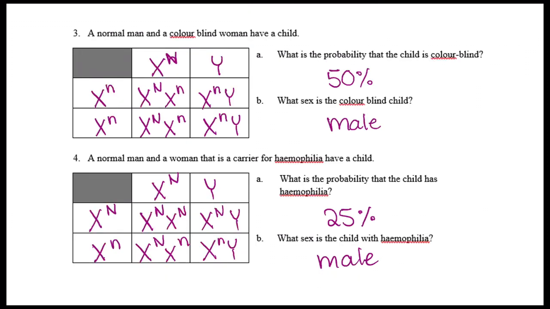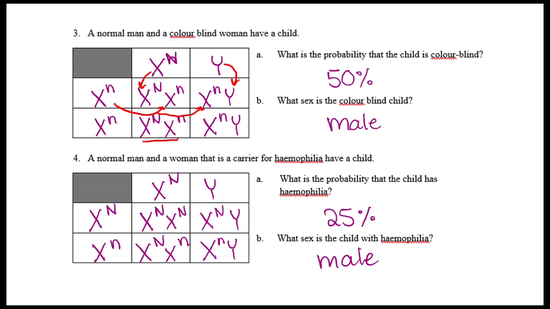A normal man and a colorblind woman have a child. What is the probability that the child is colorblind? This time the man is normal and the woman is colorblind, so she is carrying both chromosomes with the affected allele. If we cross those, this child gets the normal X chromosome from dad and the affected X chromosome from mom.